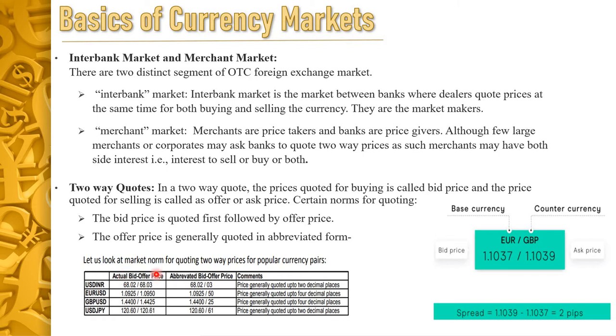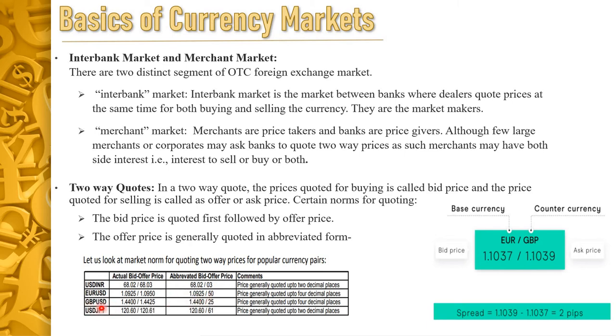The lower the spread, the higher the liquidity of the currency pair. And the difference between bid price and offer price is always marginal, changing in the last two decimal places mostly, and this is how it is quoted in the abbreviated form. So the bid and offer price for EUR USD is 1.0925/1.0950. How do you expect this to be quoted in abbreviated form? 1.0925/50. See, changes in the last two decimal places only.